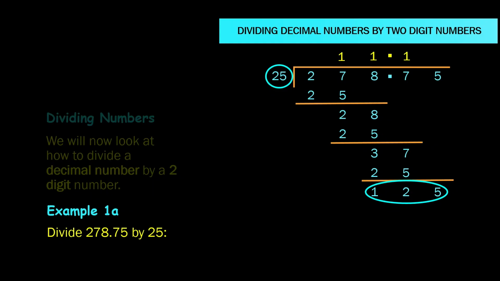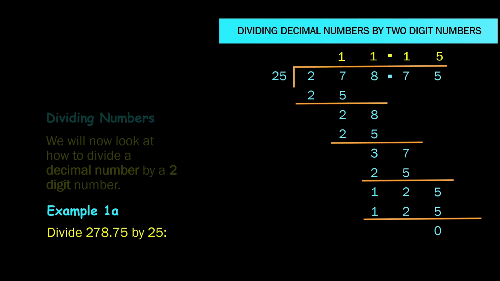And now, how many 25s are there in 125? There are 5 25s in 125, so we position the 5 here. Multiply 5 by 25 to give 125 and position it here, and then subtract as shown, to give 0.